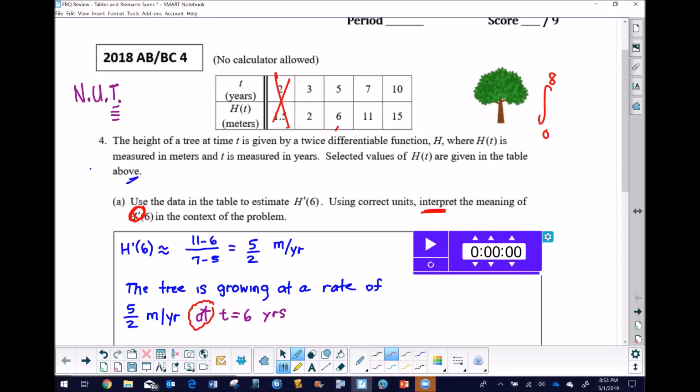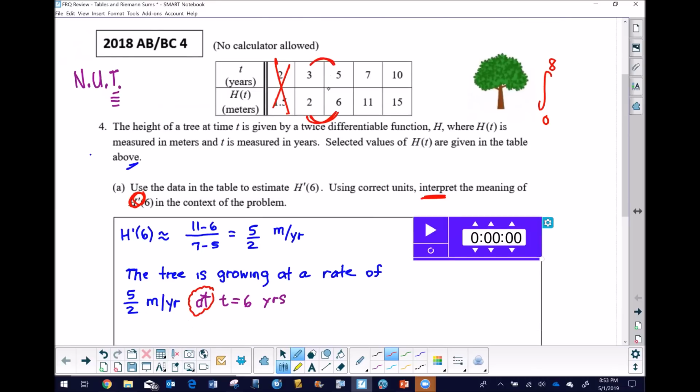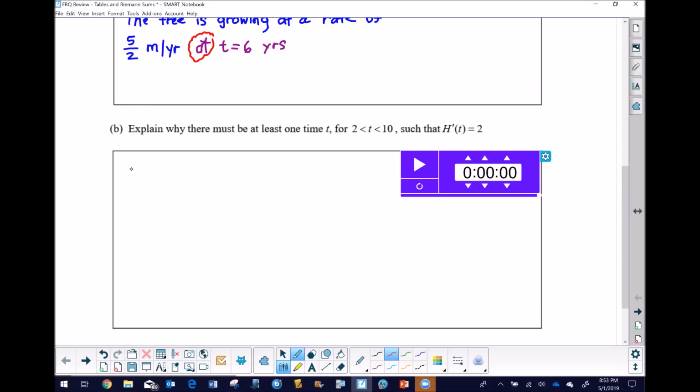If I keep looking hard enough, what do I got here? 6 minus 2 over 5 minus 3. What is that? 4 over 2. Hey, I like that. So what I could do is say that h of 5 minus h of 3 over 5 minus 3 is equivalent to 6 minus 2 over 2, right? 4 over 2, which is 2.